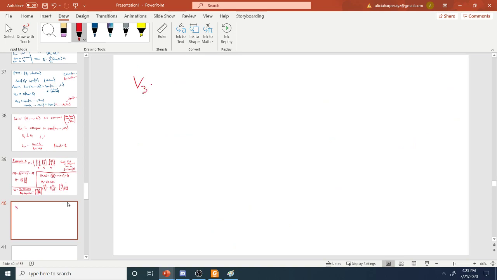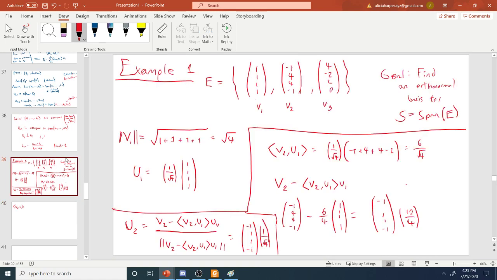V3 inner product with U1, we can calculate to be 4 times 1 divided by the square root of 4, plus negative 2 times 1, plus 2 times 1.